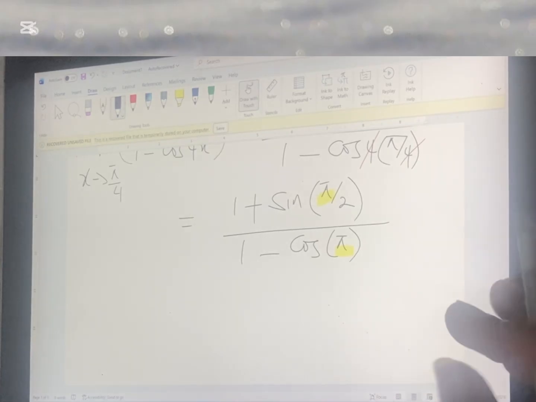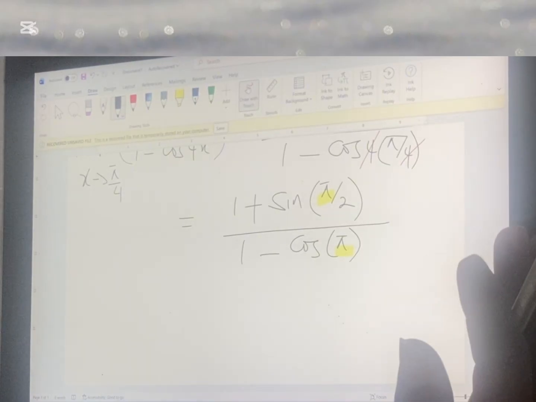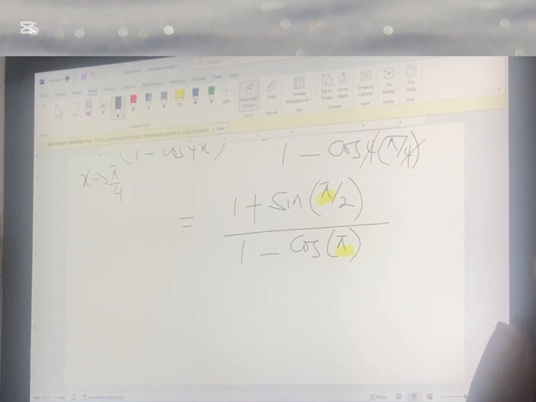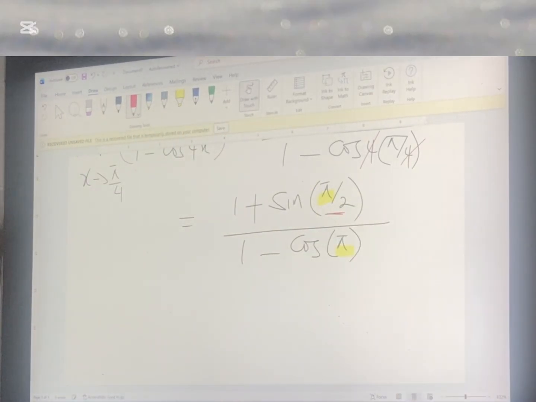So we have to know when pi is representing a number or a value, or when pi is representing an angle. Whenever you have pi at the front of a trig, such as sine, cosine, tangent, cosec, you know them, okay? If pi is at the front of trig, we call it an angle.